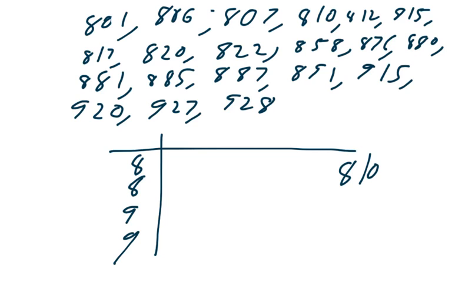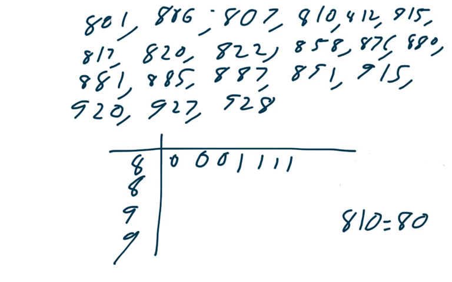So 8/0 is going to equal 800 so that I don't have to worry about it. I'm just going to worry about the first two numbers. So we got 0, 0, 0, 1, 1, 1, 1. I should move this away. Alright, 1, 2, 3, 4, and we're only going to do anything from 0 to 4.